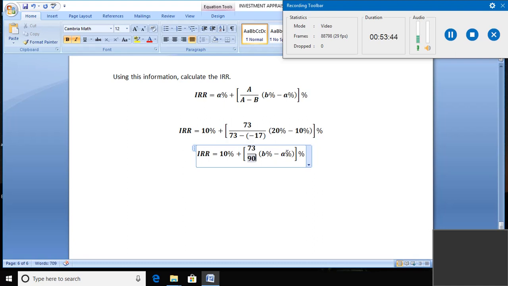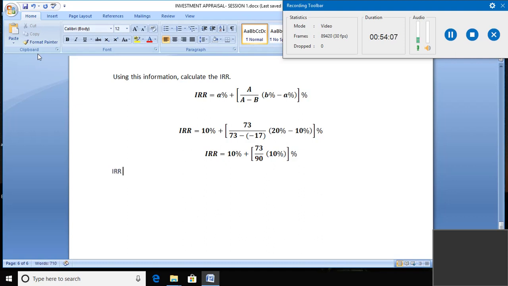Then when you subtract 20% minus 10%, you should have a 10% there. So this will be the result. Now finally, tap everything in the calculator. How much will be your internal rate of return?